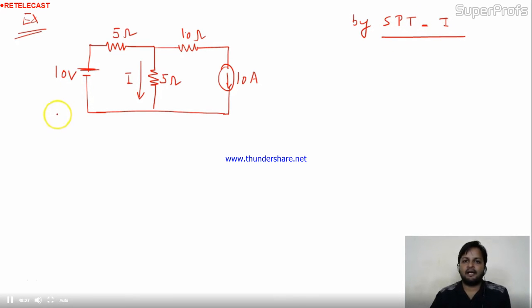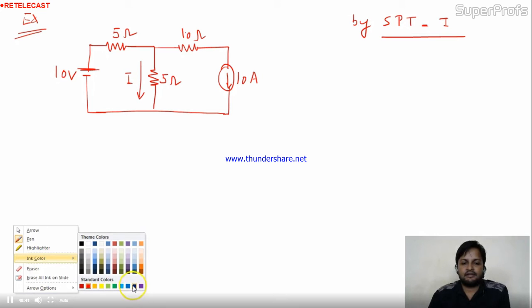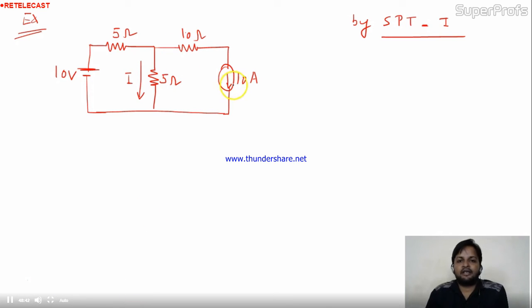So in this example, I'll show you the steps of how to find the output by the SPT, the superposition theorem. According to the superposition theorem, first check the circuit: how many independent sources or dependent sources are there.